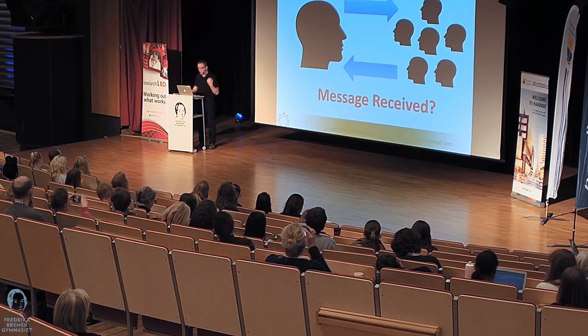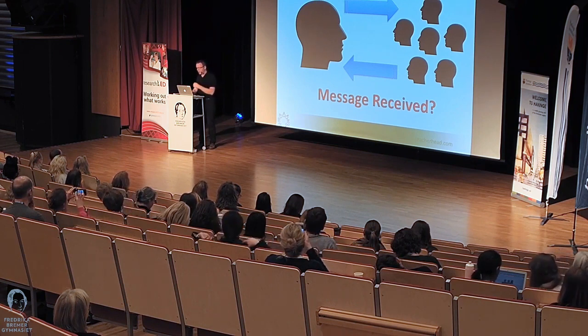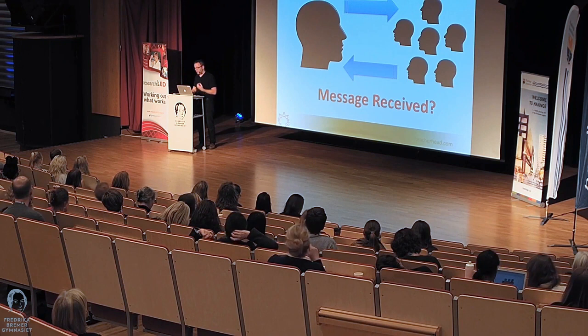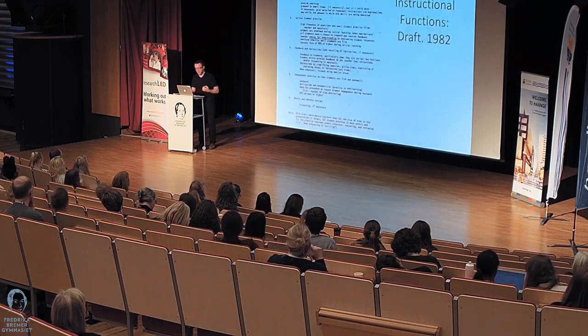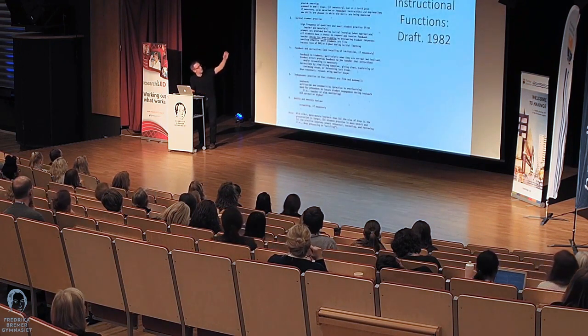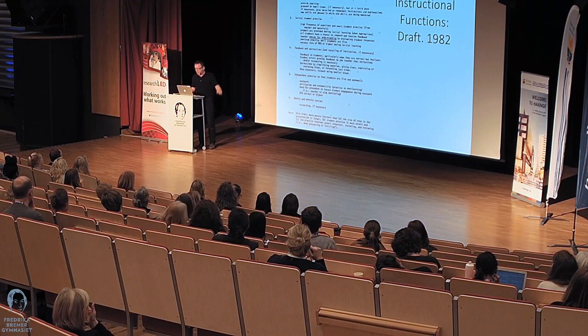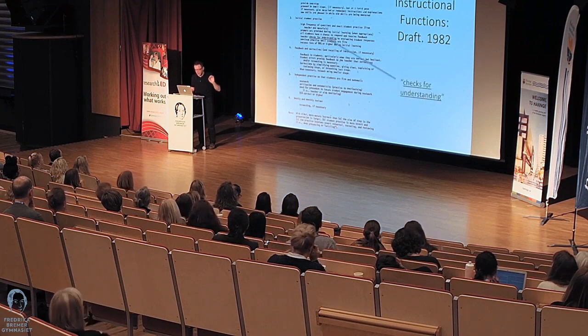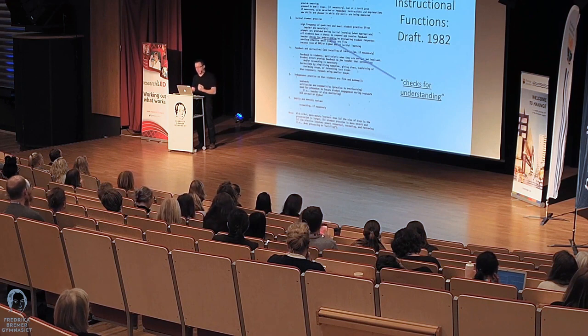And in fact, what I love about this, in the earliest draft of Rosenshine's work that I could find, 1982, he wrote this paper called Instructional Teaching, Instructional Functions. And this is it typed up, looks beautiful. This is before computers. And underlined in that paper, it says checks for understanding. It's the only part of the paper that's underlined.